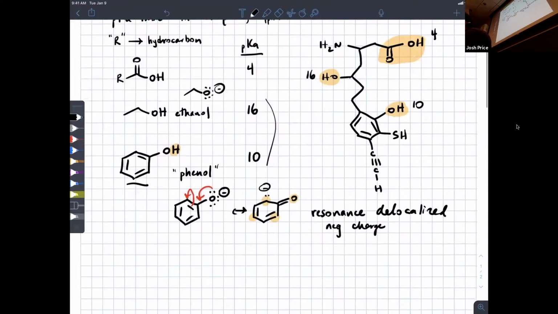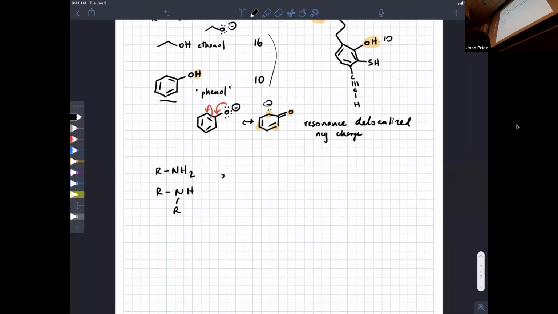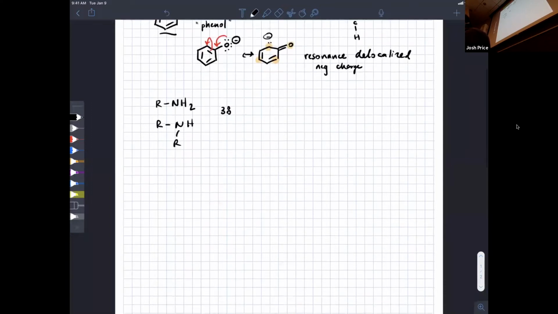Amines are troublesome on pKa tables because they come in multiple varieties. You can have the primary amine or the secondary amine. And these both have pKa's of about 38. And that is for losing their proton.